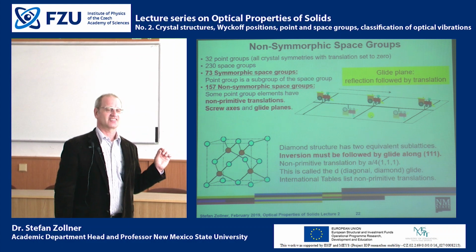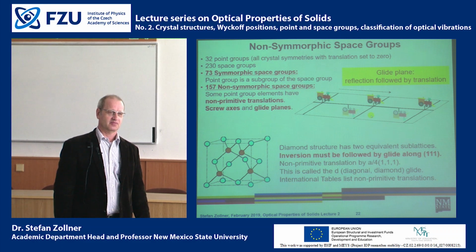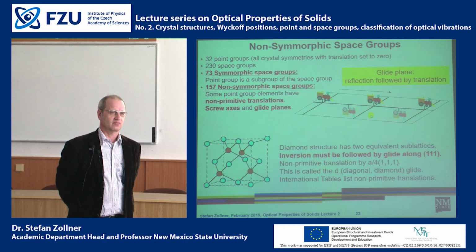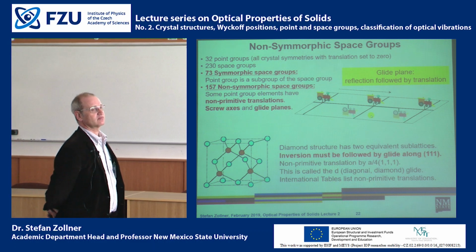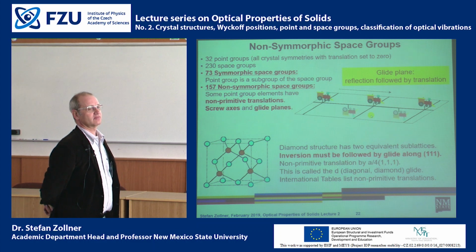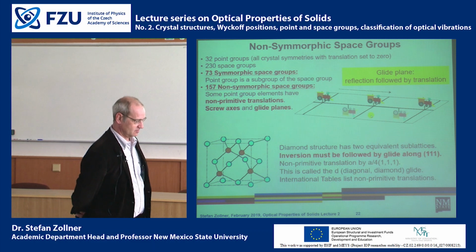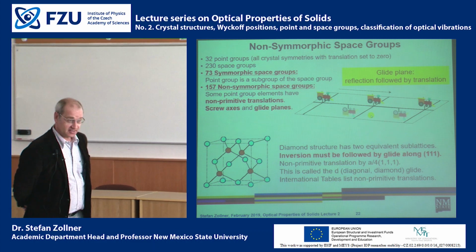Concerning the definition of symmorphic space group, because if the diamond structure belongs to a symmorphic group, then the definition of symmorphic space group, as you have mentioned, is not precise, because you have mentioned that there is reflection followed by translation, but the diamond structure can be obtained by pure glide, by pure copy of face-centered cubic crystal to a new position given by vector 1/4, 1/4, 1/4. You understand me? I think I understand.